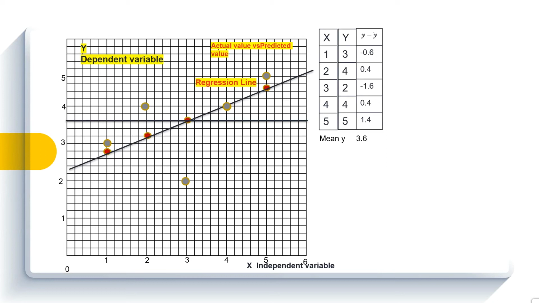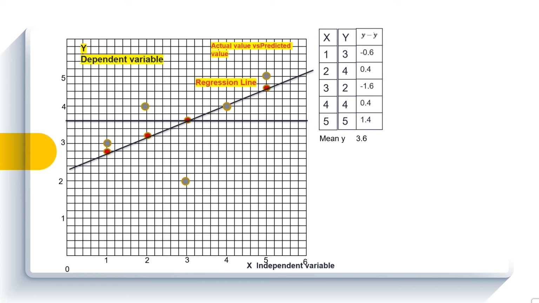Next, we'll calculate y minus y bar. We have y as 3 and y bar as 3.6, so 3 minus 3.6 is minus 0.6. Similarly, for y equal 4 and y bar equal 3.6, we have y minus y bar as 0.4, then 2 minus 3.6 is minus 1.6, 4 minus 3.6 is again 0.4, and 5 minus 3.6 is 1.4.